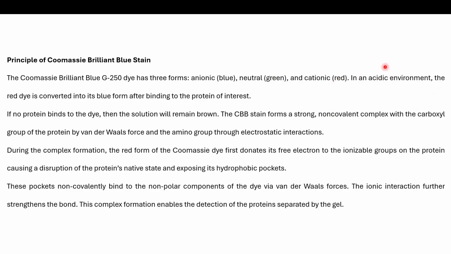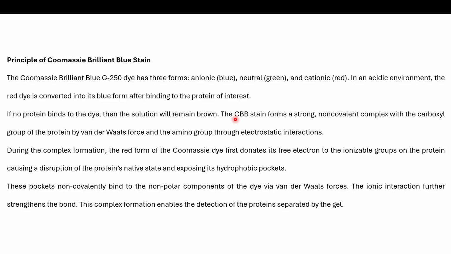If the environment is acidic, which means there are more H plus ions, then the red form of the dye, which is cationic, is converted into its blue anionic form after binding to the protein of interest. And if no protein is binding to the dye, then the solution remains brown.